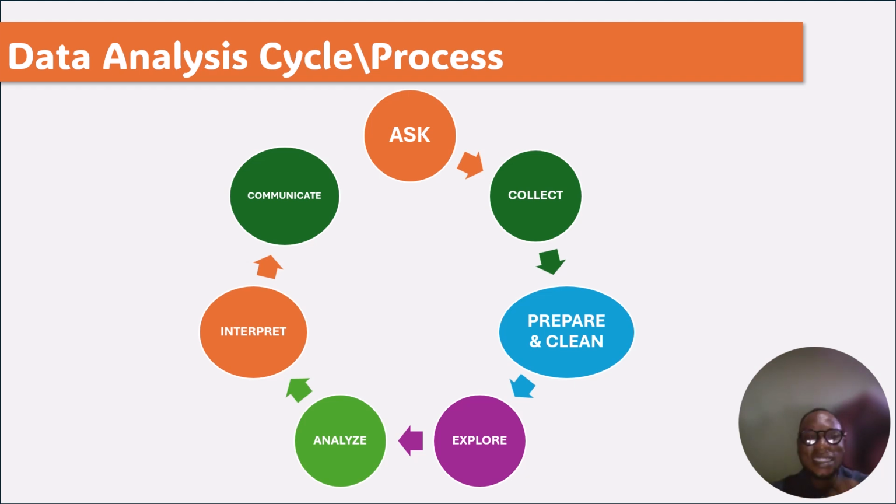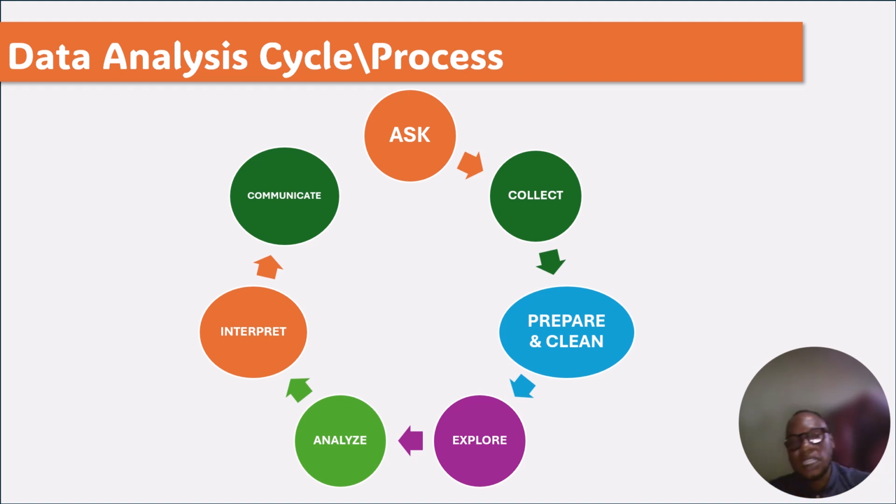This cycle carries on in every aspect of data analysis: prescriptive, descriptive, any aspect of analysis. So you have to understand this process. It is the major circle you'll be going round and round. Although you have to understand the theory, we will do it practically.